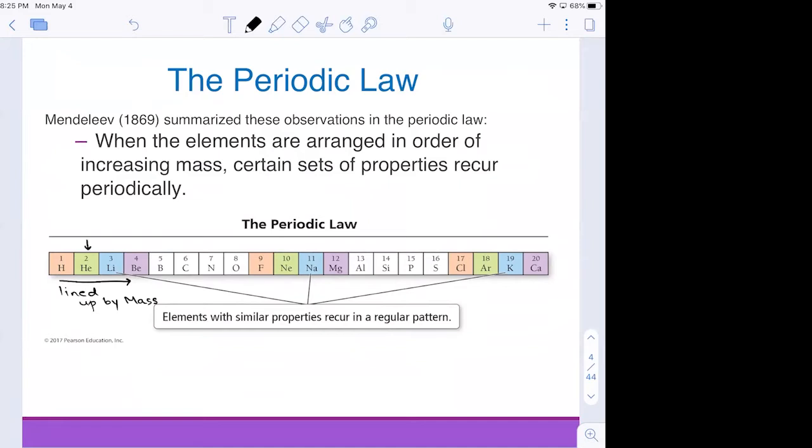Things like helium and neon and argon were what they call inert gases, things that do not like to react with other elements. Same idea with lithium, sodium, and potassium. These were metals, and they had a very violent reaction with water. So they all had to be kept under oil when they were stored.